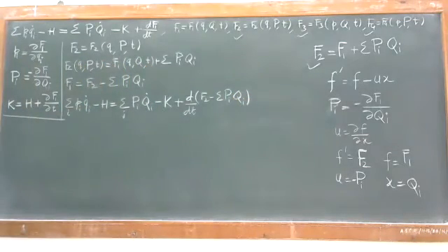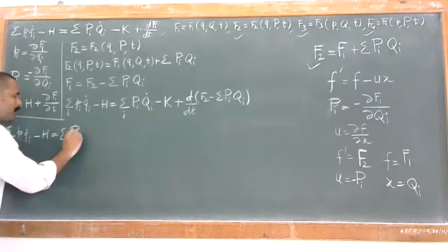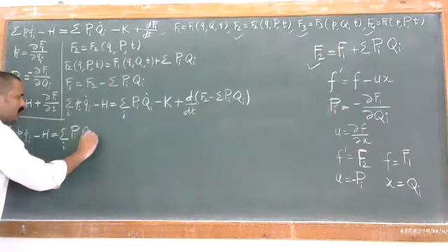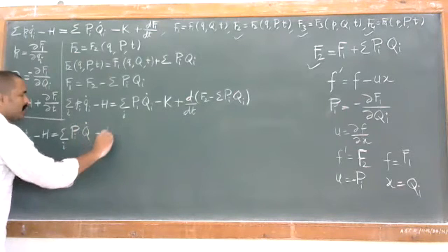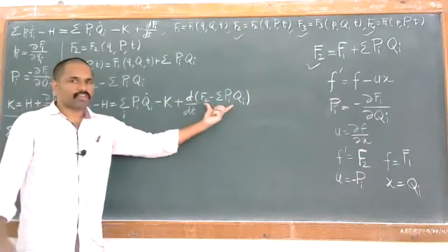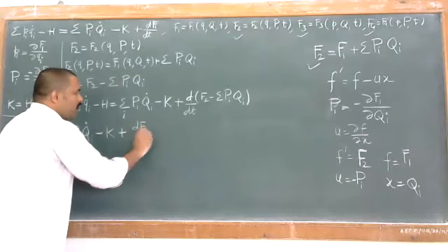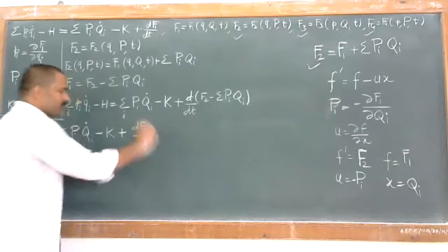Now what should be the value then? Let's check it out. This is summation over I, then this is pi into this qi dot minus h, and that should be equal to this summation over I, this capital pi into this capital qi dot minus k plus. Just have a differentiation of this. The differentiation is nothing but df2 by dt, first thing.